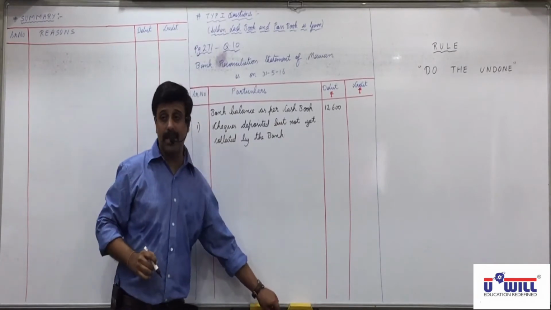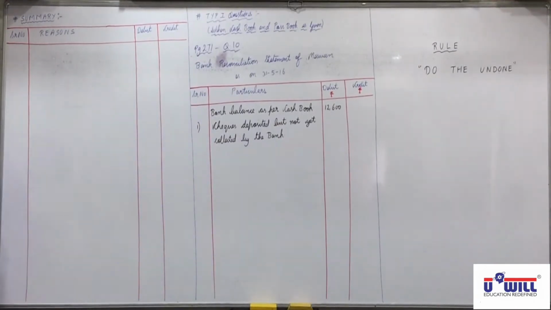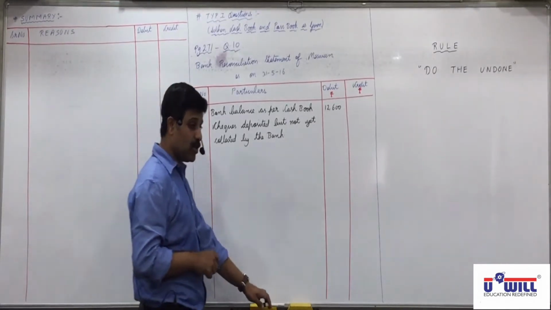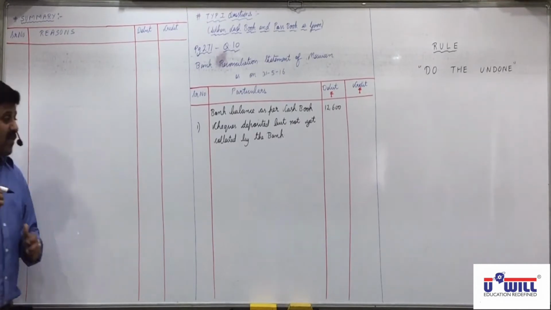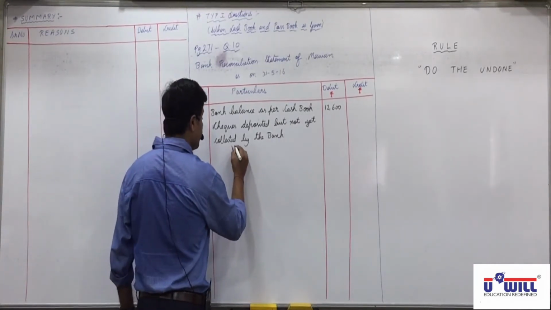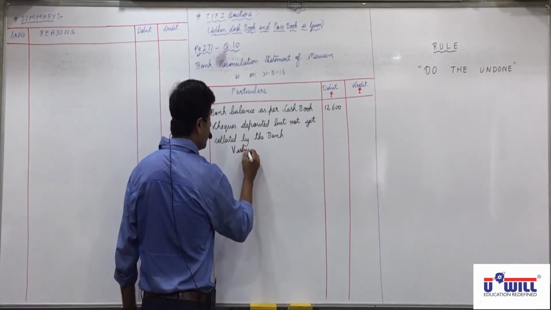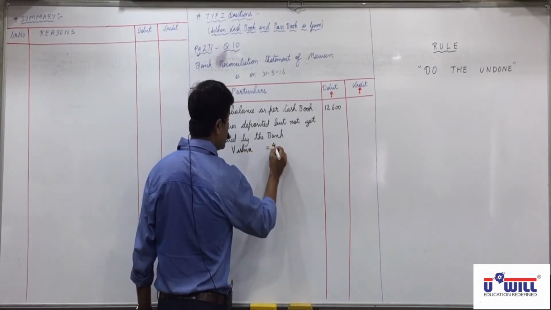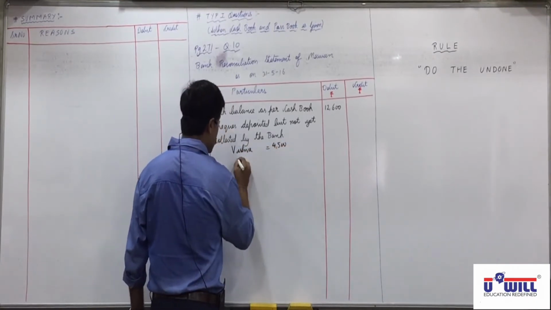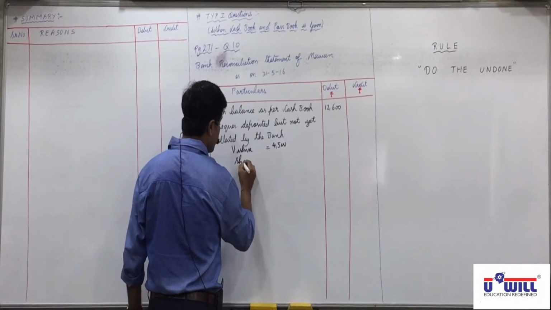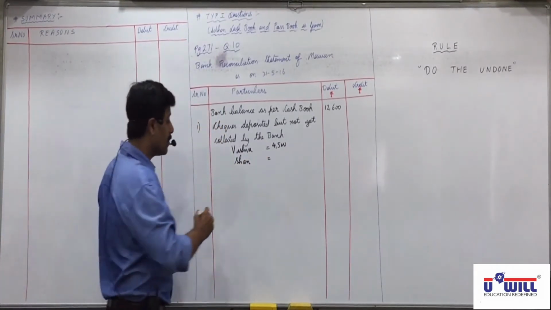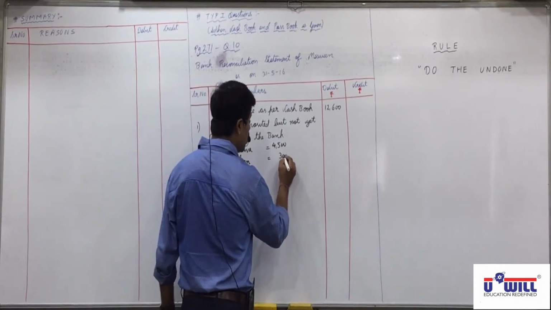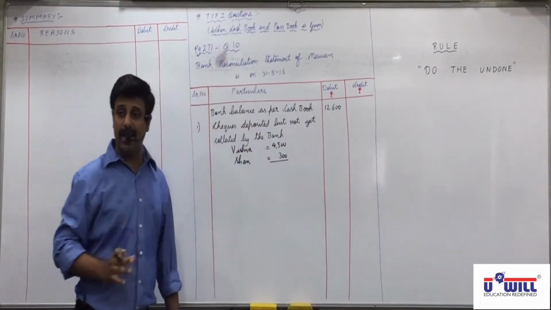Now within that you will write the amounts also in detail. One check is of Vishwa of 4,500. Then another check is of Shan of 300. So the total amount not collected by the bank is 4,800.